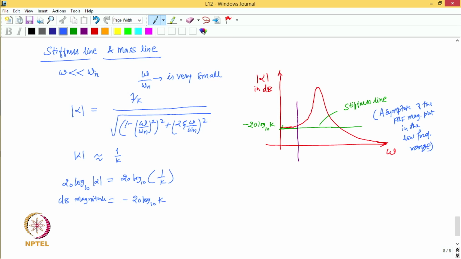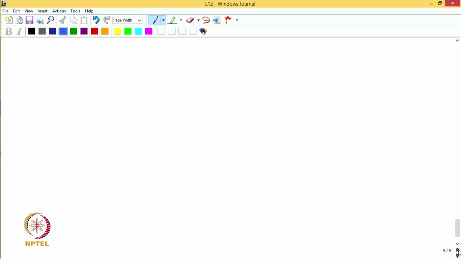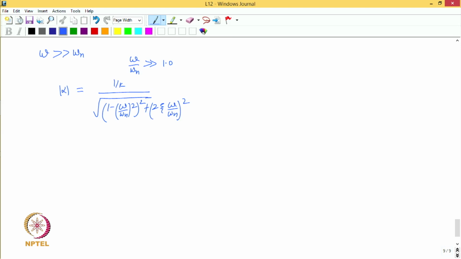Let us now study what happens in the high frequency range. In the high frequency range, omega is much larger than the natural frequency, which means omega upon omega n is much larger than 1, a very large value. The magnitude of the FRF is 1 by k divided by the square root of (1 minus (omega upon omega n) square) whole square plus (2 zeta omega upon omega n) square.